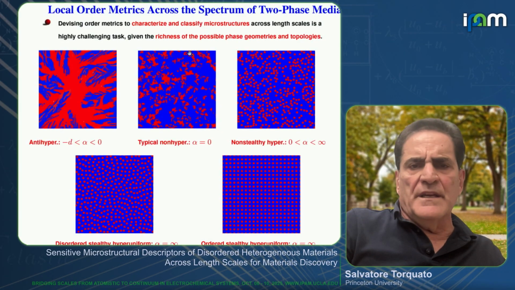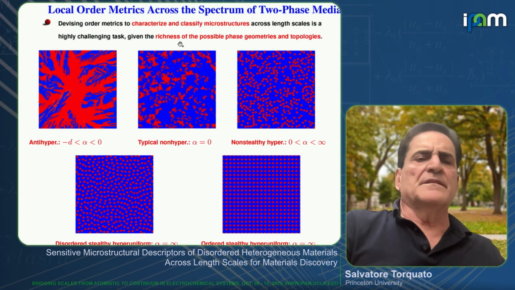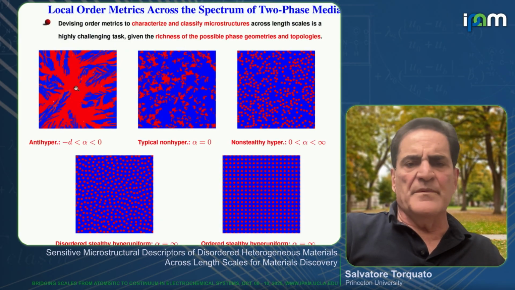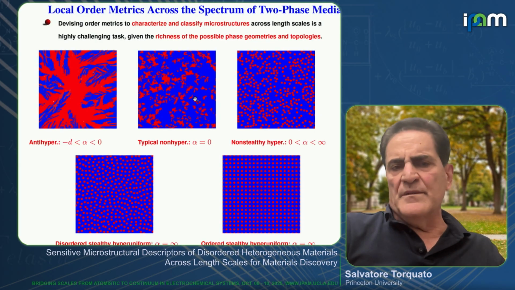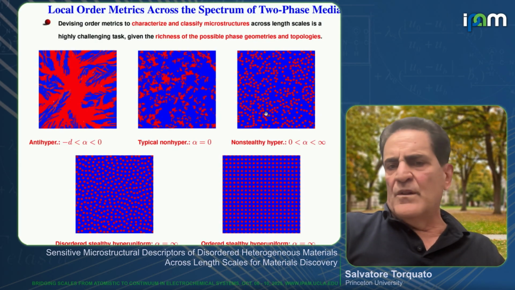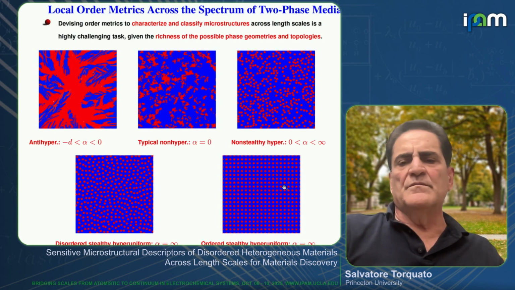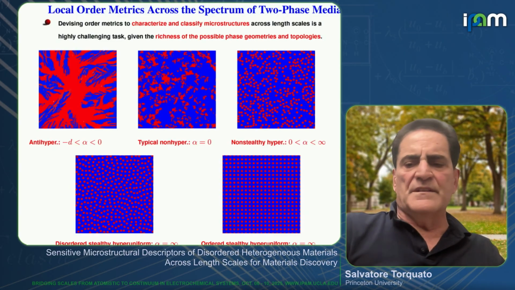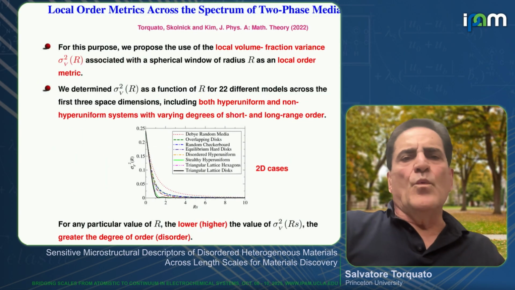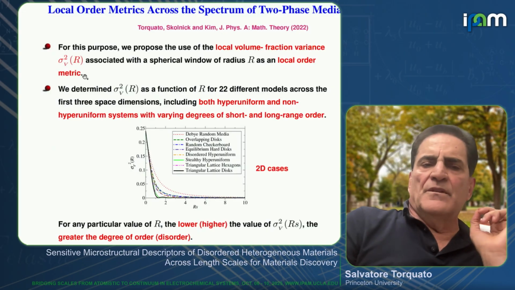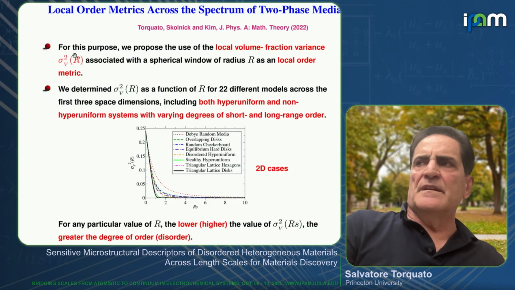And so if you want to study systems that are much more general than that, again, here I have an anti-hyperuniform system. I'm showing you again the typical non-hyperuniform system, and then all the way down to the most ordered system. You want to be able to understand all of these types of systems. One way of doing that is the local volume fraction fluctuation that I mentioned earlier.